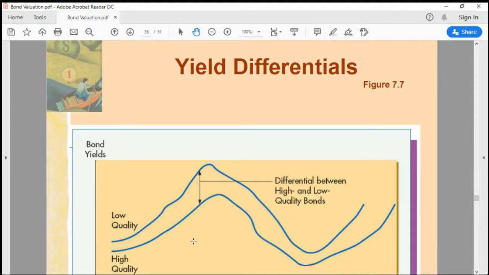Risk premium between the two, the risk premium to make an adjustment to the cost of equity, right?